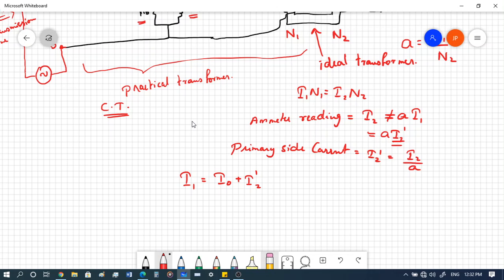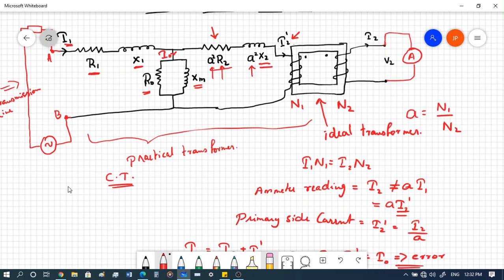So there is definitely an error. How much is the error? The error over here is I1 minus I2 dash, which is equal to I0. From the circuit, you can see I1 is the current flowing through the primary side, or the current going through the transmission line, and I0 is the current going in parallel, because of which I2 dash is not equal to I1 in this case.